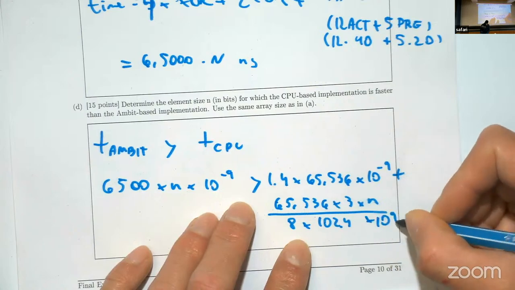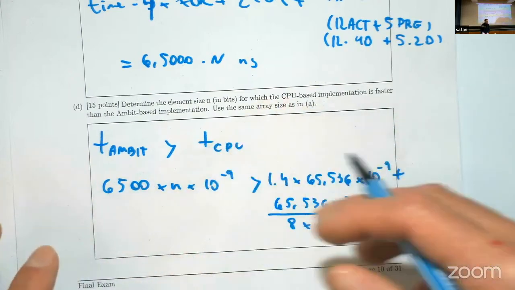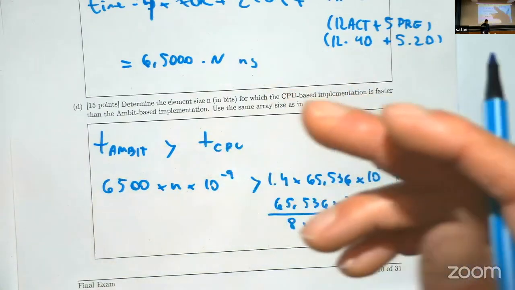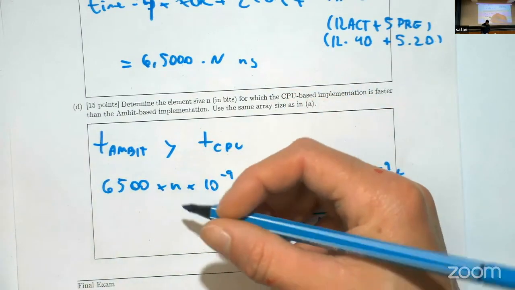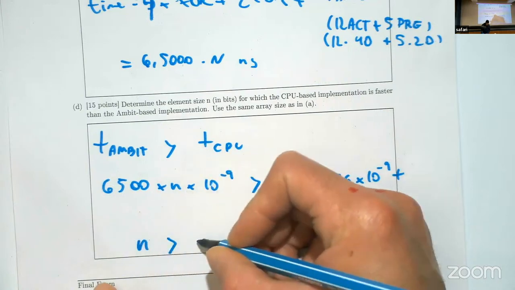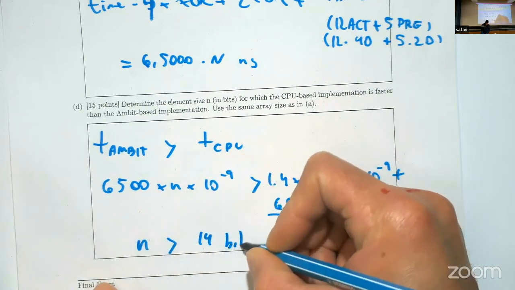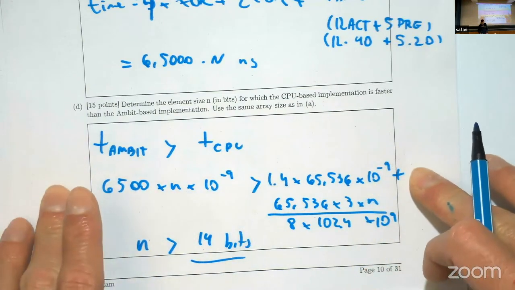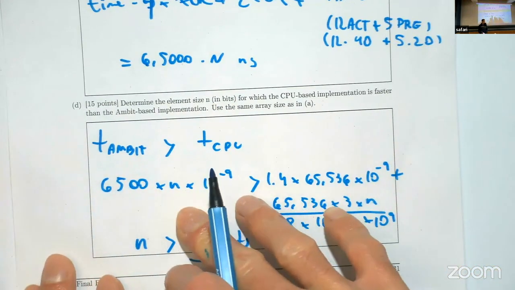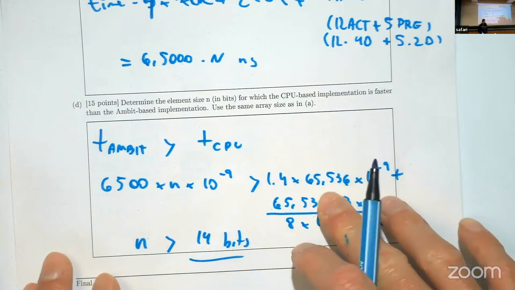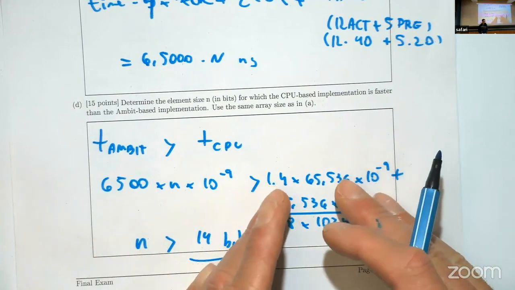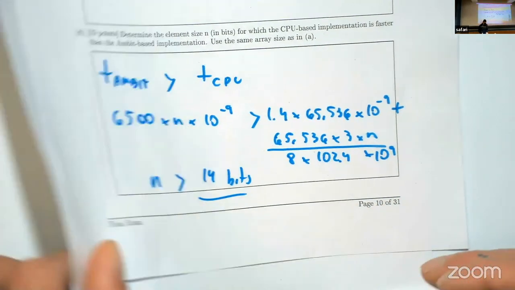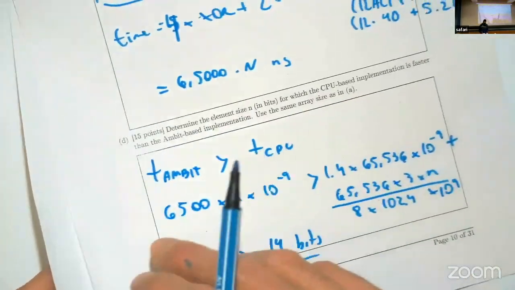The 10 to the 9s appear here just because I'm converting between nanoseconds and seconds. You don't need to do that actually. Then you isolate n, and you find that n is going to be larger than 14 bits. Again, write the equation, do a little bit of math to isolate n, and write it as a function of the equation. Don't solve the fractions. And then you're done. I guess it's pretty much that. Is there any question?